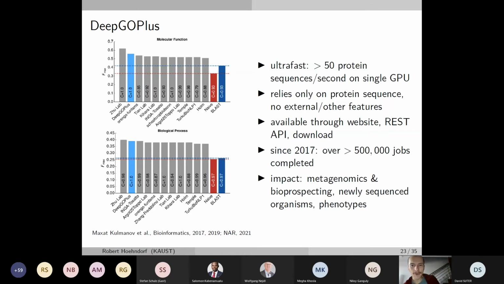And we also have a web service that has been running for quite some time, where over 500,000 jobs have been completed. Some jobs are very large, some are very small. But over 1 million protein functions have been predicted using DeepGO. This is very useful, and it was also one of the first deep learning models for protein function prediction.